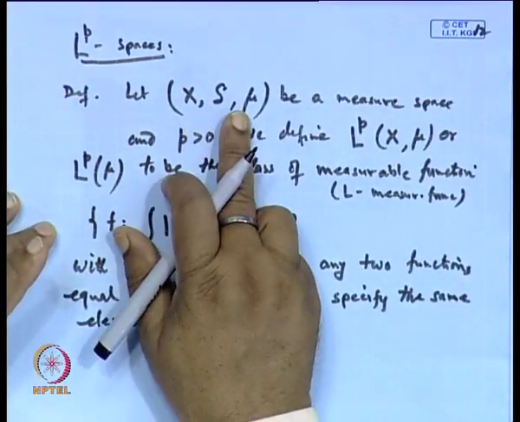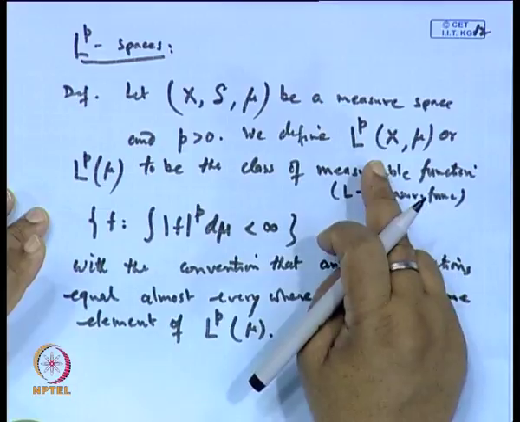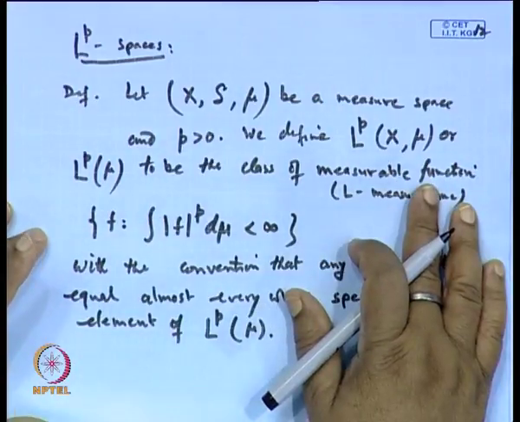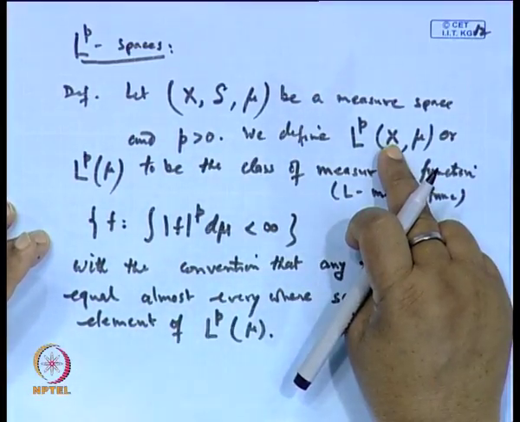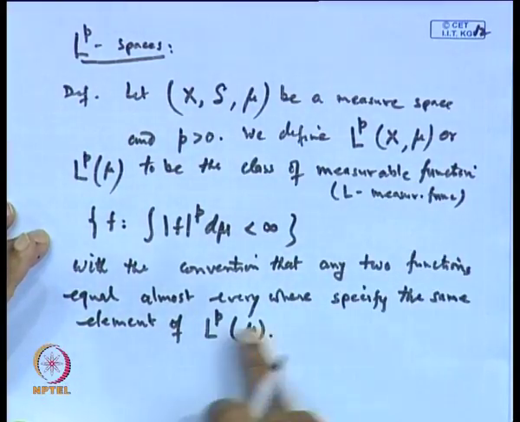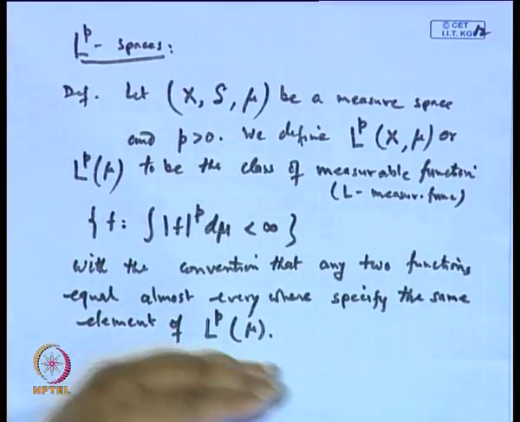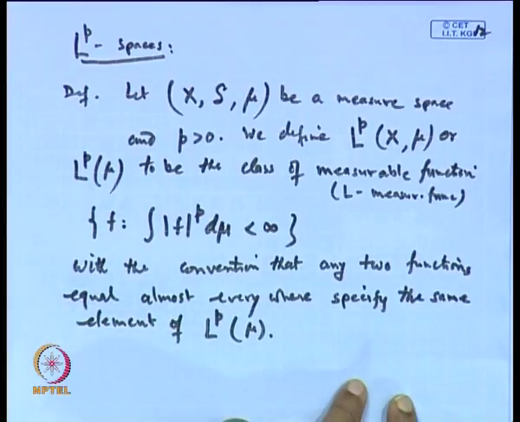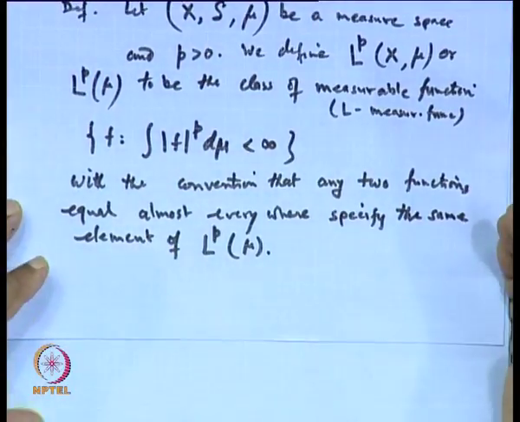So, when we take the measure space, let f be a measurable function; if it is pth integrable, then we say this is an element of L^p(mu), meaning it belongs to one of the classes, because L^p(mu) is the collection of the classes. Say if I introduce the equivalence relation, two elements f and g are equivalent when f equals g almost everywhere, then this will decompose the whole class into equivalence classes.